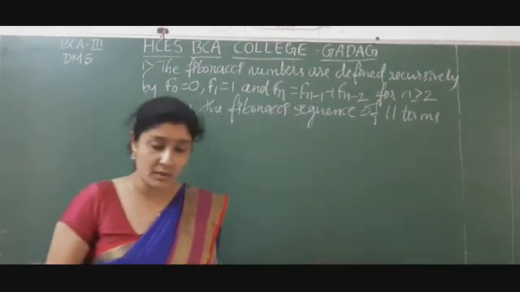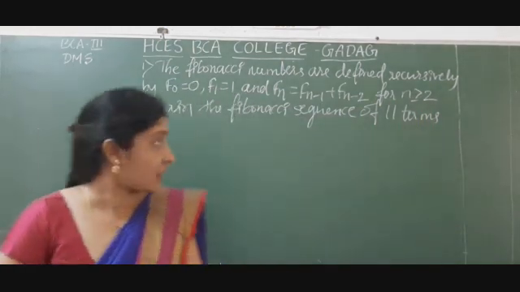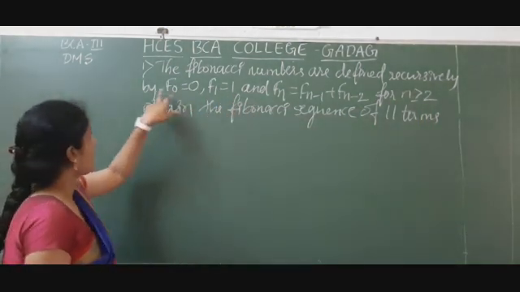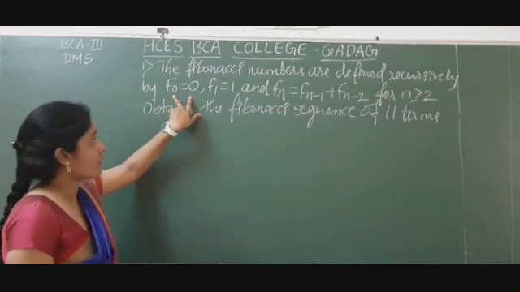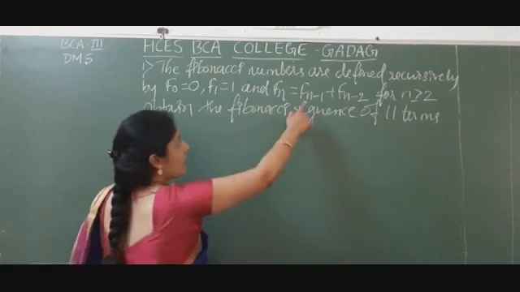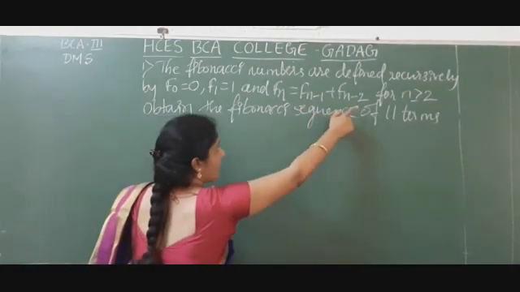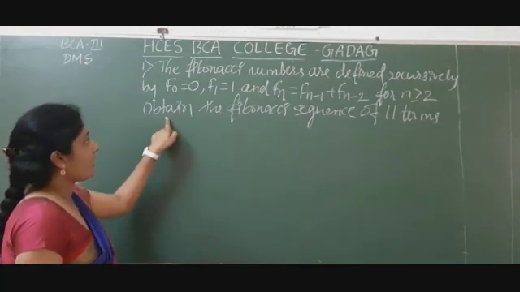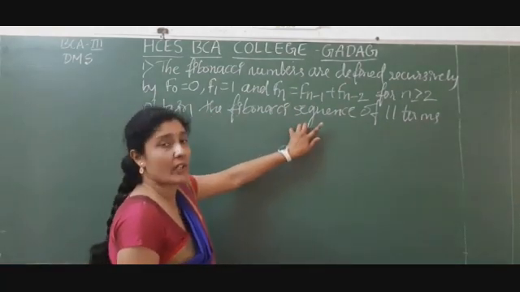This is the question. The Fibonacci numbers are defined recursively by f0 equal to 0, f1 equal to 1 and fn equal to fn minus 1 plus fn minus 2 for n greater than or equal to 2. Obtain the Fibonacci sequence of 11 terms.